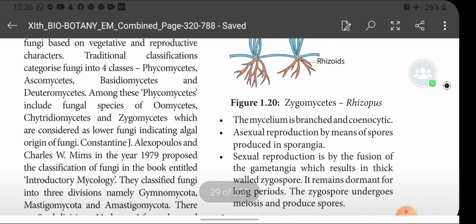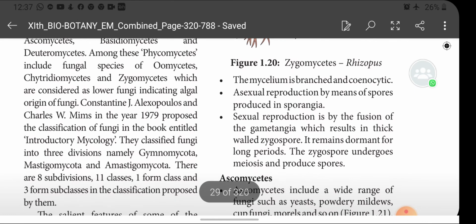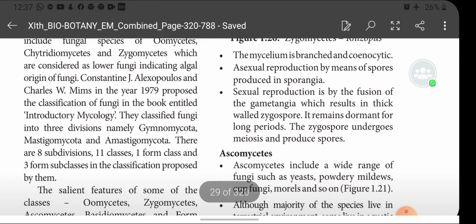The mycelium is branched and coenocytic. Asexual reproduction is by means of spores produced in sporangia. Sexual reproduction is by the fusion of the gametangia, which results in a thick-walled zygospore. It remains dormant for long periods. The zygospore undergoes meiosis and produces spores.